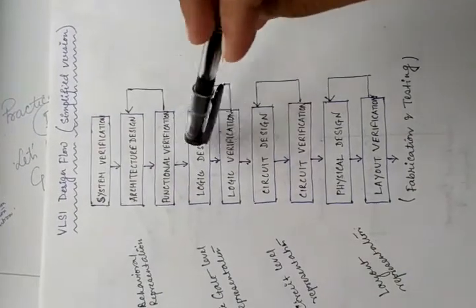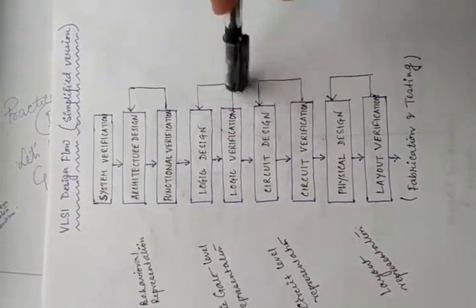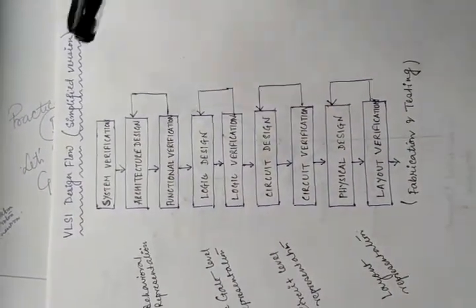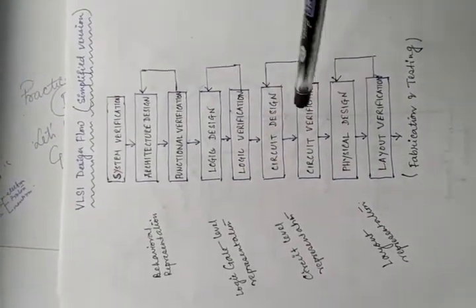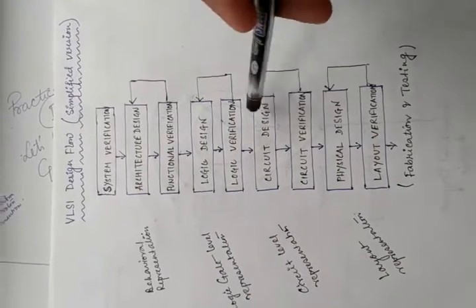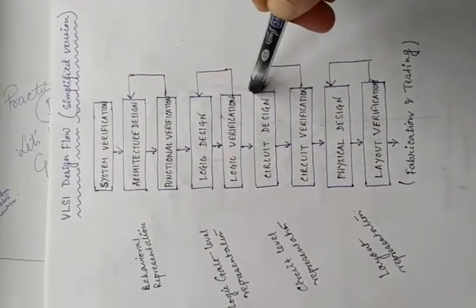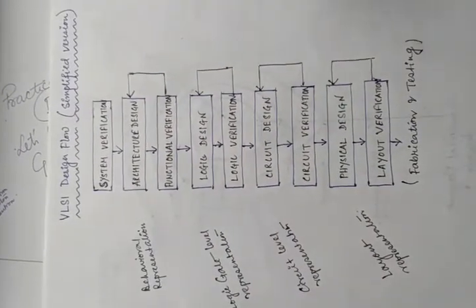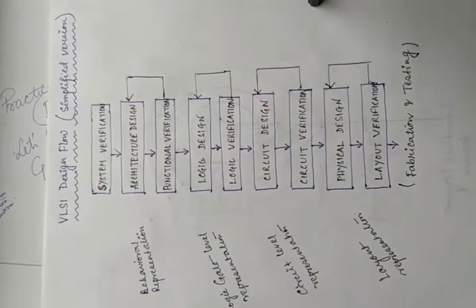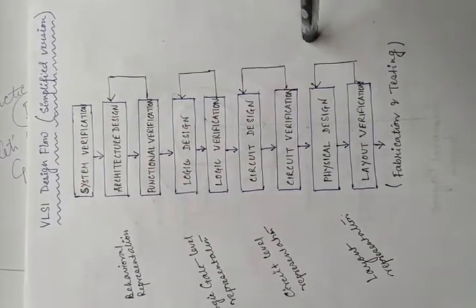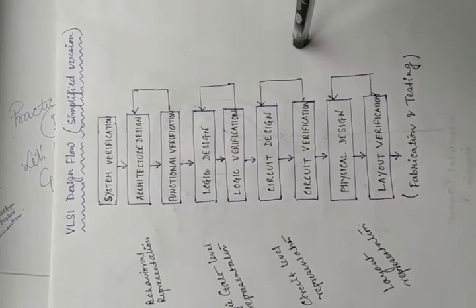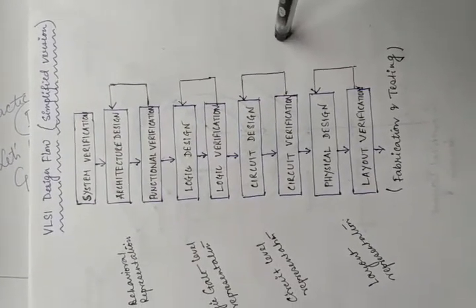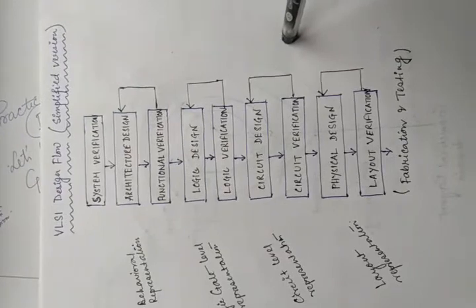After that, these two blocks are interconnected, and that's why I am giving that arrow. Whenever the logic is developed, we will go for circuit level representation, and this circuit design is known as a schematic, and it will be done in the software part. For your VLSI, there are various types of software, like Xilinx software and T-Spice software, used in your lab, but it is very costly, right?